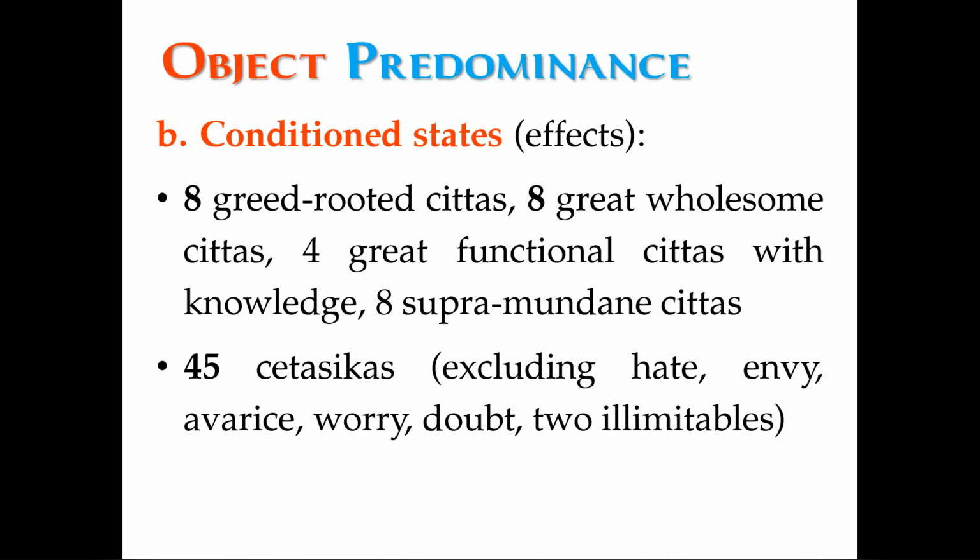That's object predominance. You don't want complaint, criticism, right? That is not object predominance. That is just a normal object. So there is a difference between object predominance and normal object.